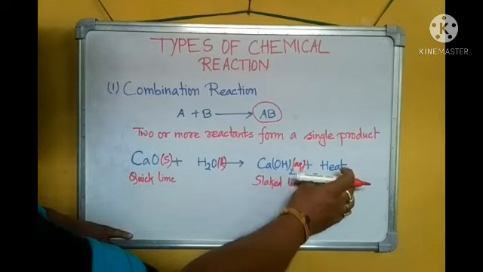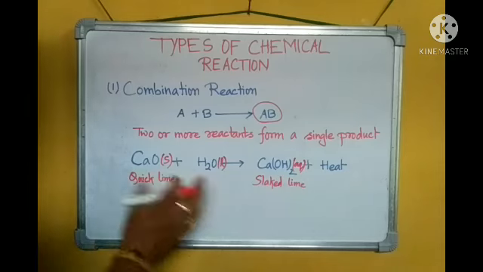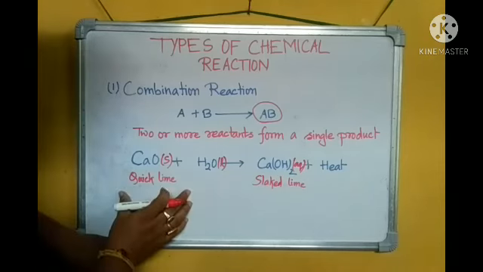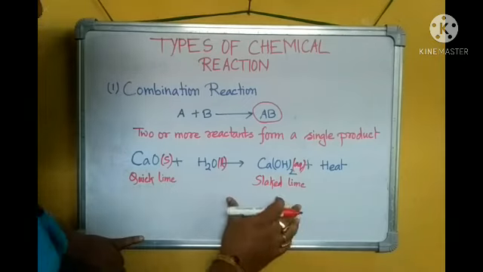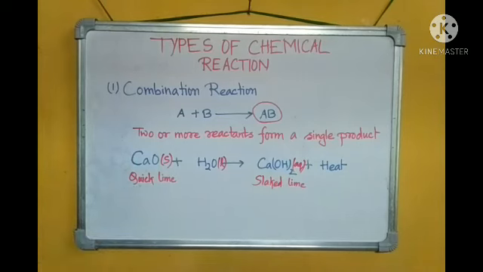So this is one of the most important examples given in your book. This reaction is also important for another process, which is a very common question in your board exam. Before that we will be looking at 2-3 more examples of combination reaction.